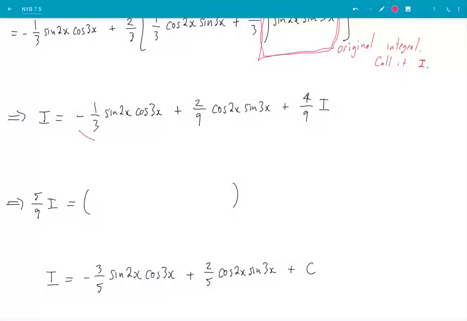So what I'll do is I'll take this bit and don't change it, just leave it alone. And the 4/9 I is going to move over to the left-hand side.